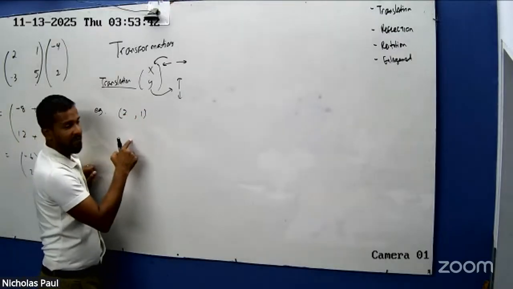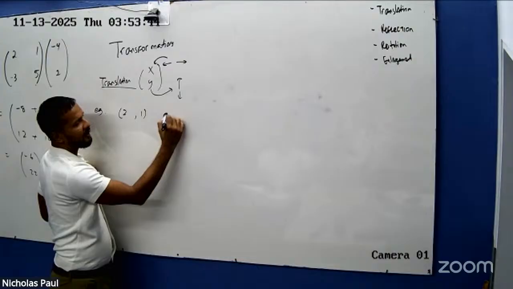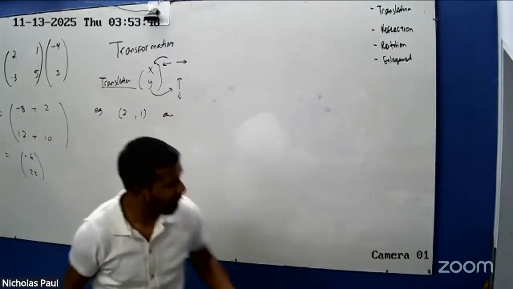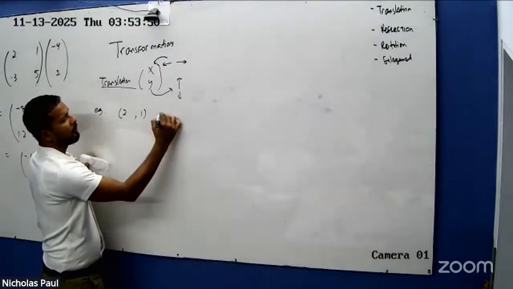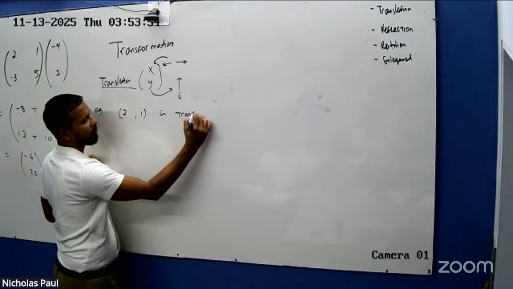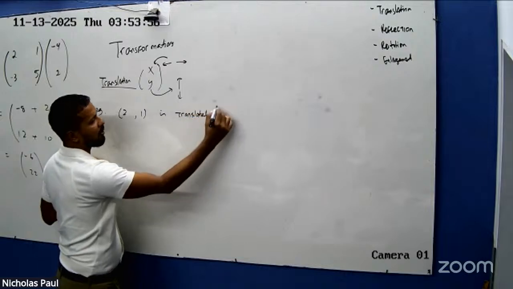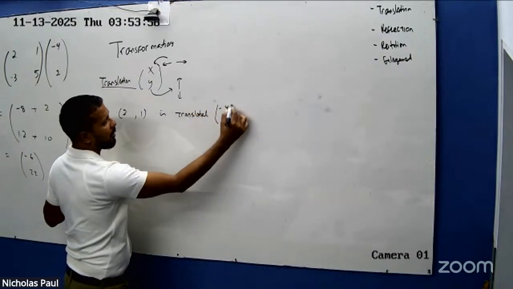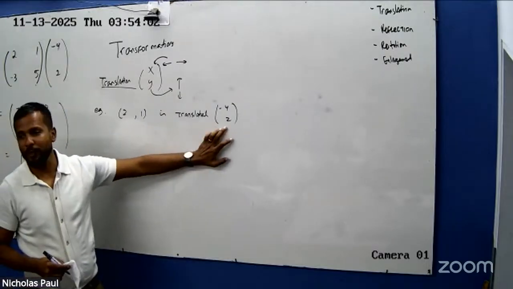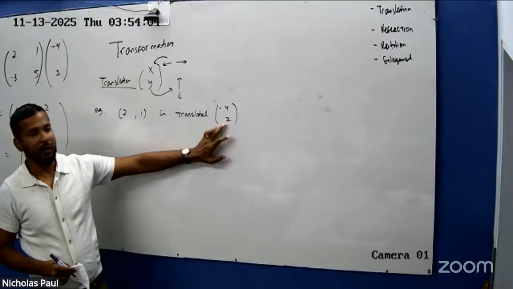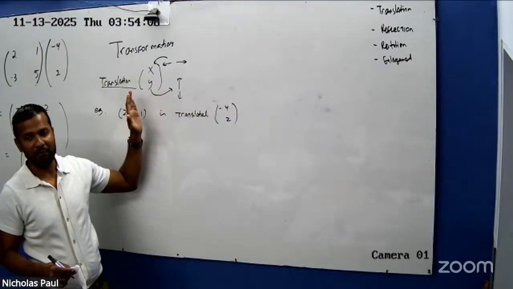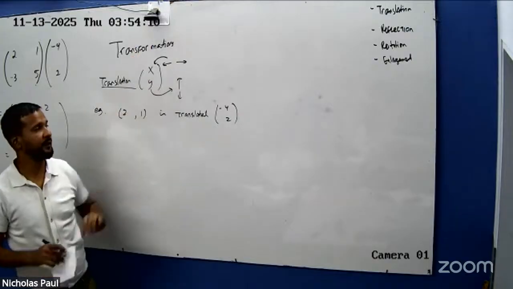So just as a quick example, let's say I gave you the point 2, 1, and it is translated by -4, 2. What does this mean? What does -4, 2 mean? It's moving four to the left and two upwards.